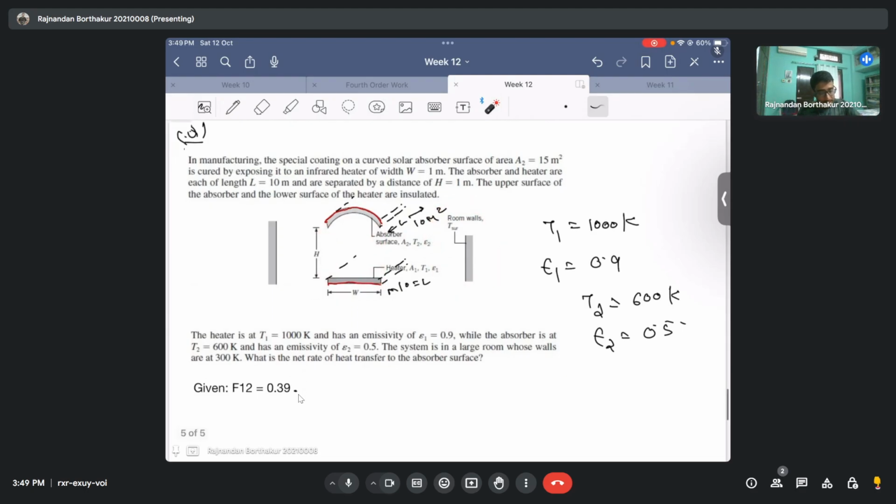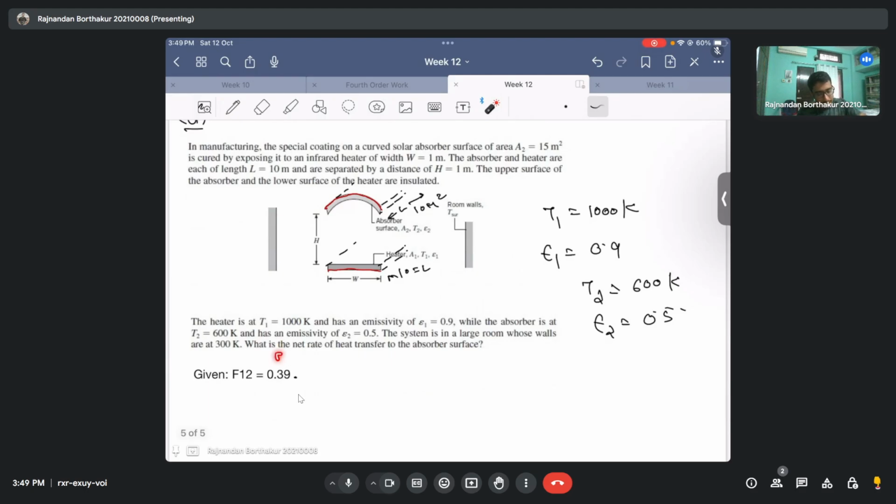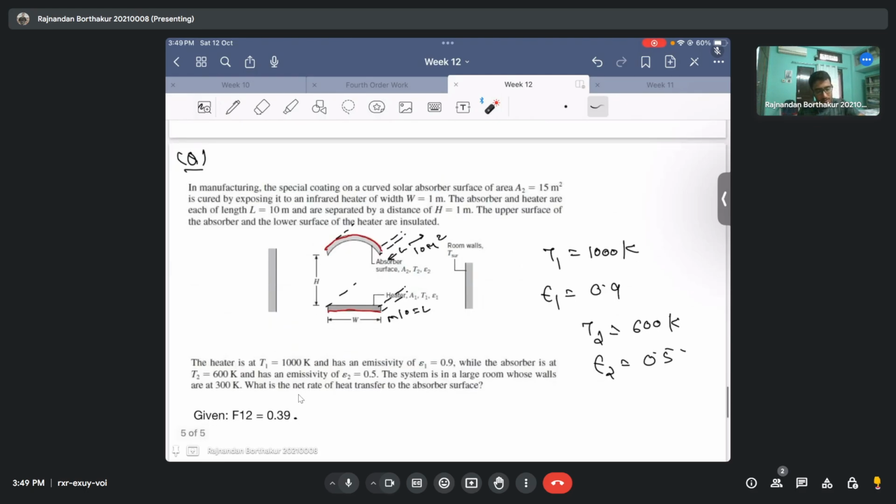Having said that, you need to find out what is the net rate of heat transfer to the absorber surface. That's all you need to find out given this physical scenario that you have. I repeat, you have an absorber of given emissivity and temperature, you have a heater of given emissivity and temperature, the corresponding areas are known.